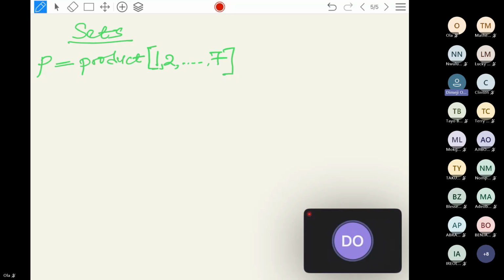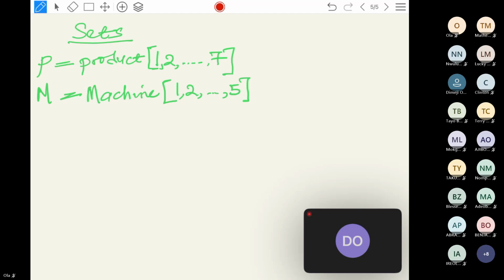So we have product 1, product 2, product 3, 4, 5, 6, 7. And then we have the machine, which is just from 1 to 5. These are the sets. So here, anywhere you see P, you know you're talking about the product. Anywhere you see M, we're talking about the machine.